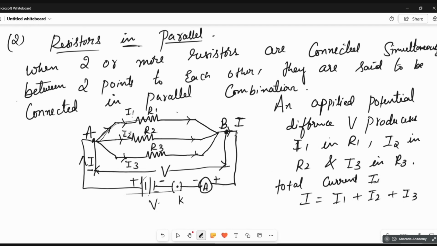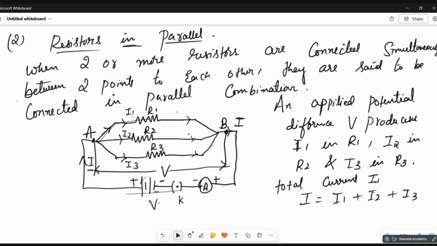Since they are between the same two points, the voltage across all the three will be the same. In this circuit there is no other voltage drop, so whatever voltage we apply, the complete voltage will be here.